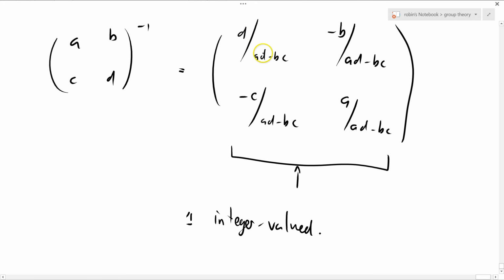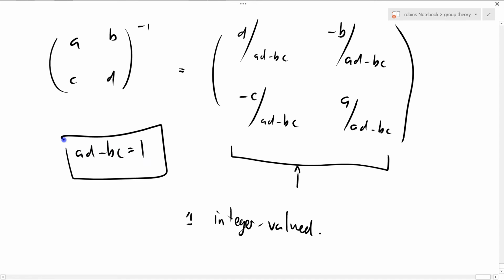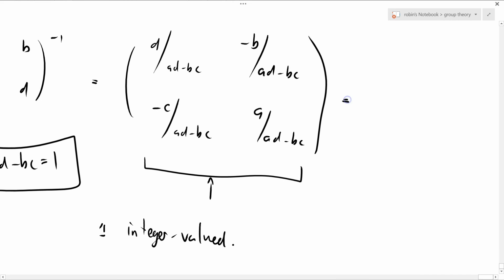It doesn't look integer valued, but you've got to remember that AD minus BC equals 1 in this case, because that was one of the conditions for being in the group, that the determinant was equal to 1. So I'm just dividing by 1. So I can rewrite that as D, minus B, minus C, A, and just divide by 1. So it's integer valued, and of course it's also got unit determinant.